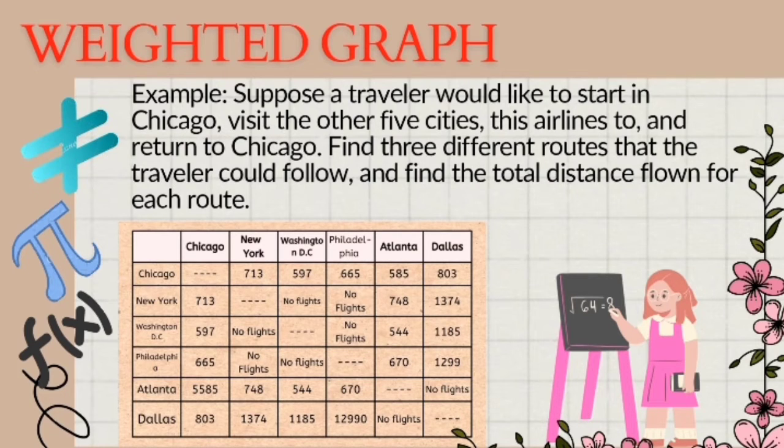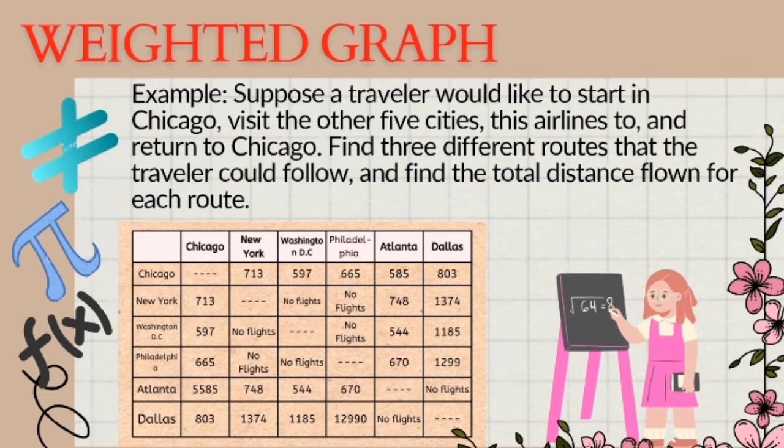So, based on the problem, we will start in Chicago and then pass through the other 5 cities which the airline flies to, and return to Chicago. So, this is an example of a Hamiltonian circuit because we will start and end at the same location, which is Chicago, and we have to pass through the 5 cities. So, the route that we need is a Hamiltonian circuit.